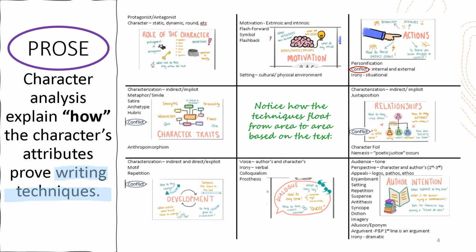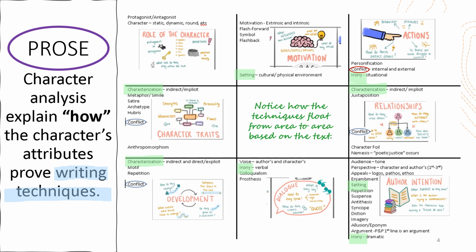For the prose essay, the details from the text are there to prove how there is conflict due to the character's actions, relationships, and development. You can also see this when we look at irony, when we see setting, and when we see characterization.